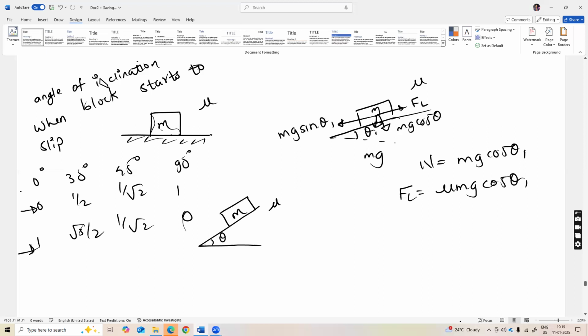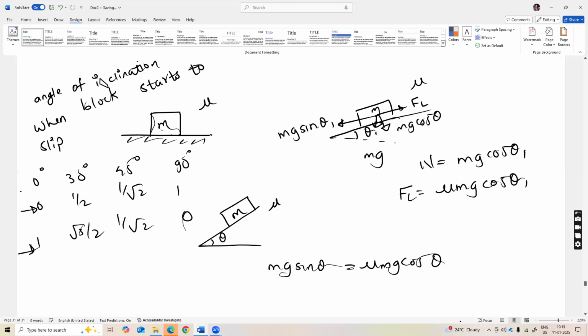So if you start increasing this theta 1, mg sin theta will start increasing, and the frictional force FL will start decreasing, right? Yes, sir. Okay. Then you will reach a certain value of theta where mg sin theta will be equal to mu mg cos theta, correct?